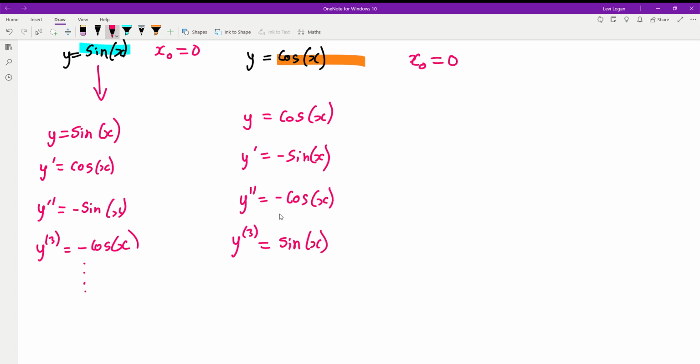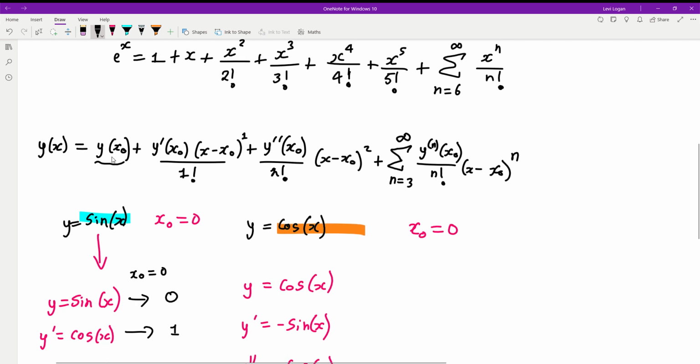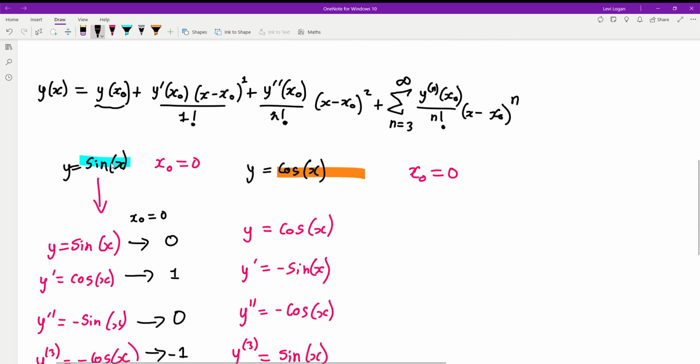Right. So let's do the sine function first. When x sub 0 equals 0, if you plug that into the first term, you're going to get 0. Plug x sub 0 equals 0 into here, you're going to get 1. Plug it into here, you're going to get 0, and here you're going to get negative 1. Because sine of 0 is 0, and cos of 0 is 1, due to the unit circle, which we've done before. So the first term in our Taylor series, let's just move cos out of the way for a second.